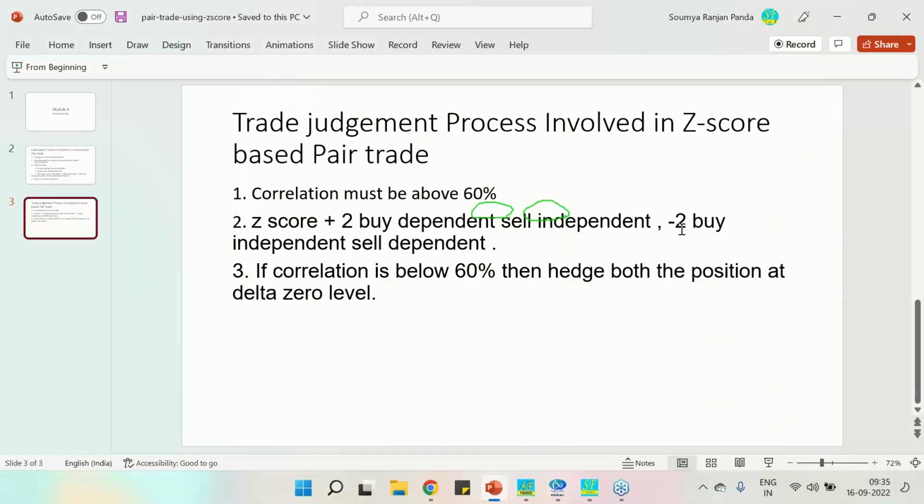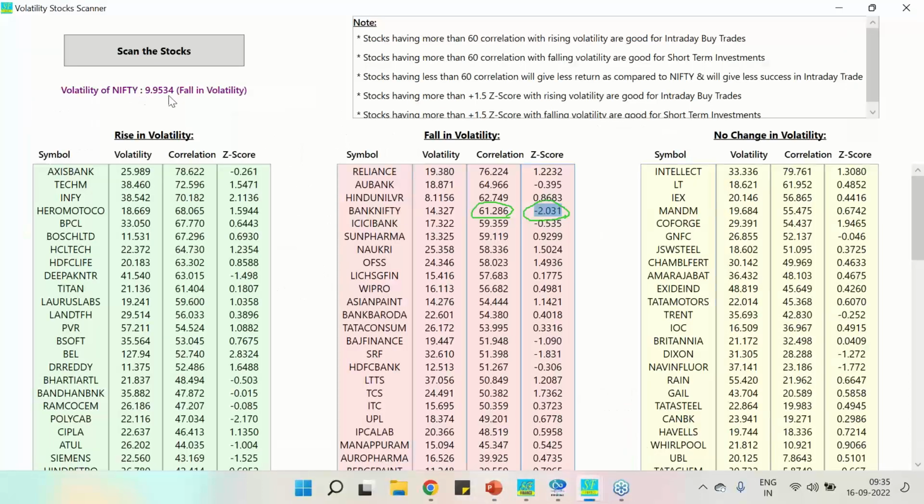Negative Z score means buy the independent, sell the dependent. What is independent here? Independent is Nifty. As I said to you, all these Z scores we have derived by taking Nifty as independent, and all these stocks whatever you are getting are dependent. So Nifty should be bought, Bank Nifty should be sold. It is an excellent Z score, above 2.